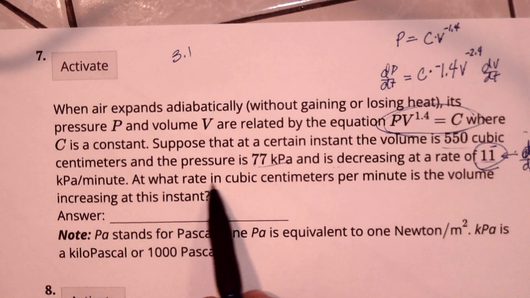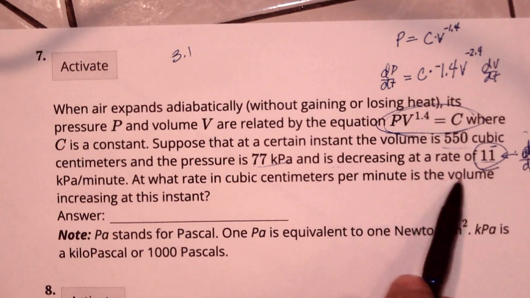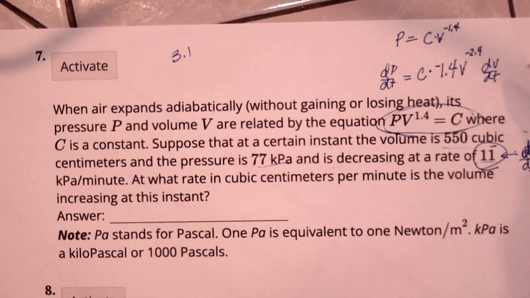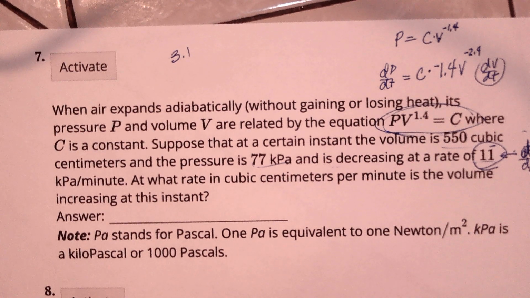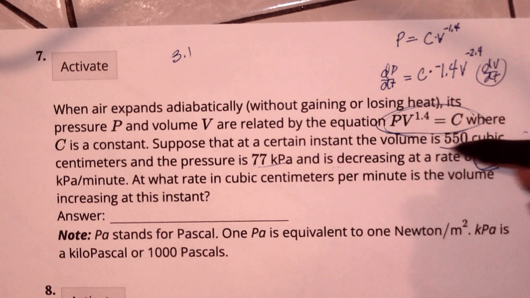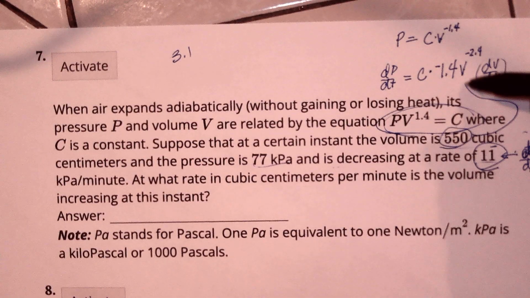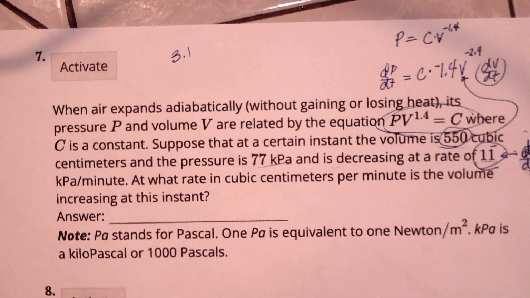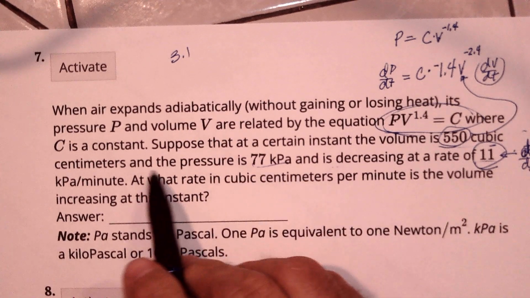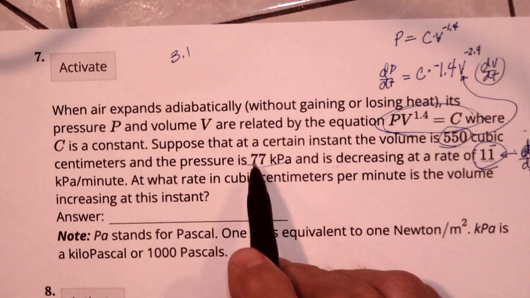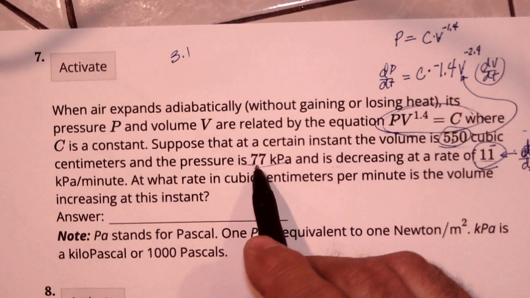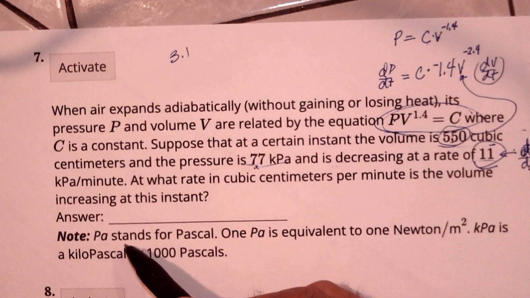At what rate in cubic centimeters per minute is the volume increasing? So they want us to find this. So we need to plug in 550 for the volume at that instant. And the pressure was 77. So we're going to use this to figure out what the C was.